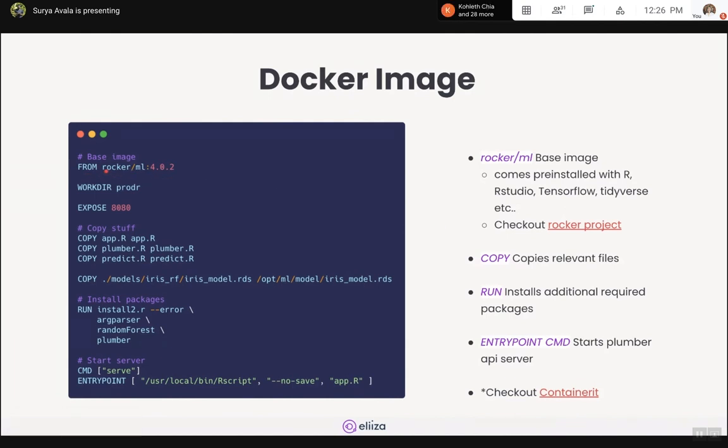I'm looking at this particular Docker image that somebody else has built, which is Rocker ML. The Rocker project is a cool project. I recommend all of you to check it out, where the Docker ML image comes pre-installed with a bunch of things that we need, like RStudio, TensorFlow, Tidyverse, etc. And Docker distributes a few other images as well, depending on the need.